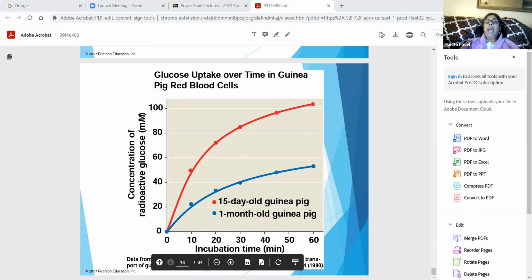But as the guinea pig is older, the concentration of the radioactive glucose is increasing at the 60-minute interval. So here it is over 100, and here it is about 50 millimoles of glucose.